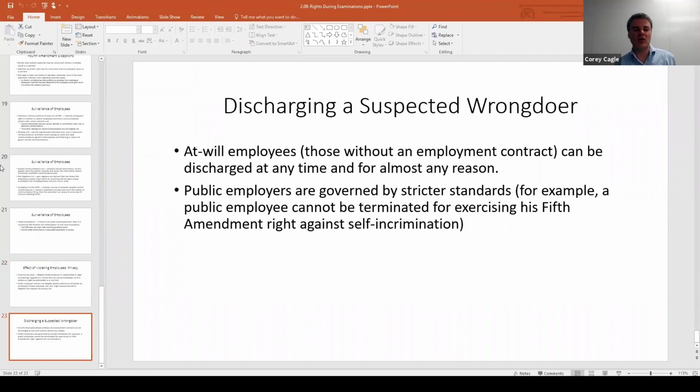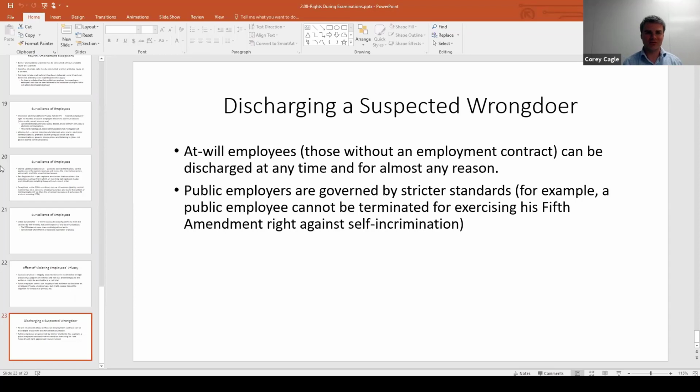Discharging a suspected wrongdoer. At-will employees, somebody without an employment contract, can be discharged at any time for almost any reason. That's good to know. That comes up in real life a lot. If you own a business or if you are a manager of somewhere, it's like, this person's driving me crazy. I wish I could fire him. Go ahead.